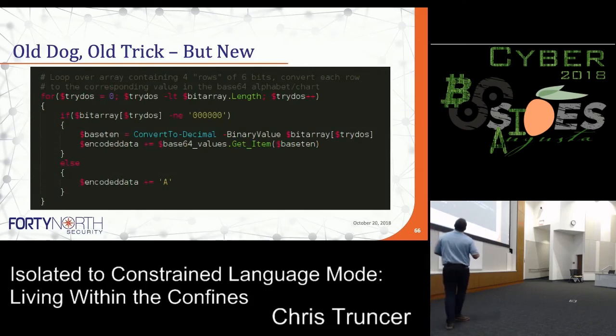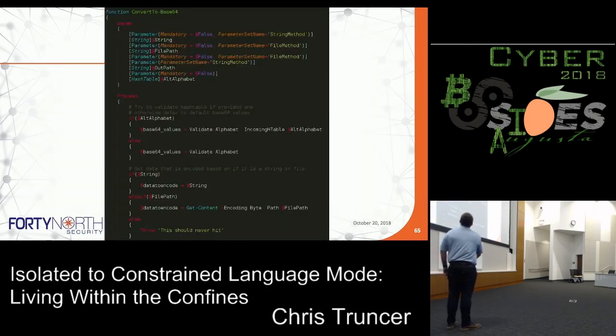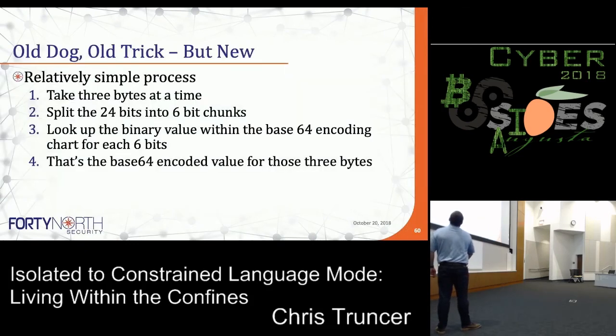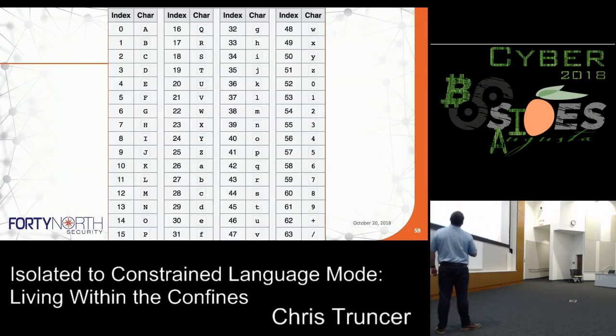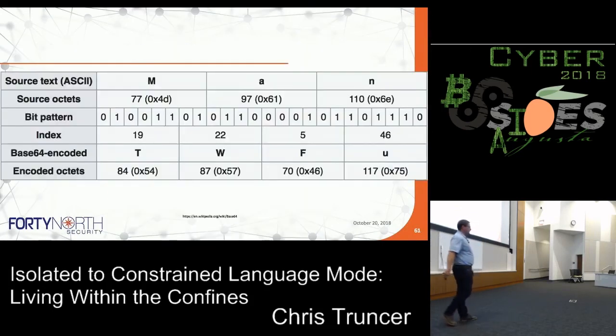So this is where we're going through and doing checks. If the value is not equal to 0000000, then figure out what that binary value is. If it's not 0, which is A, then look up in this chart, which is stored in the script, what the value of the number is.